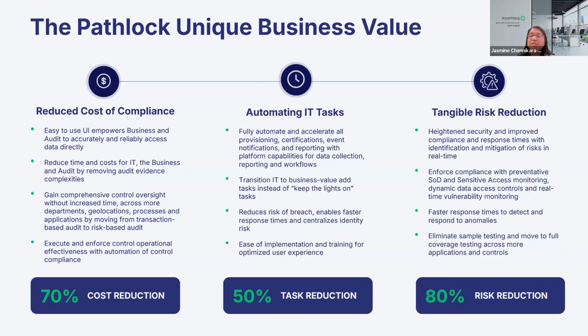This means there's one centralized portal for compliant provisioning, unified access reviews with automated follow-ups, and strong audit and reporting capabilities to take the complexity out of compliance. We also help you enforce control effectiveness with automation. Again, compliance is not just a checkbox. It should be built into daily operations, and we'll help you with that.